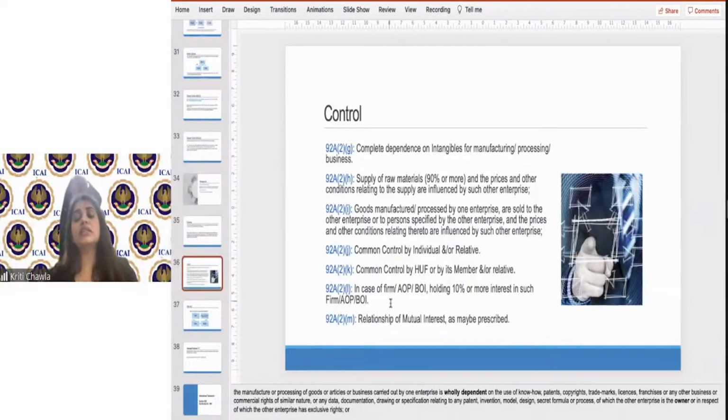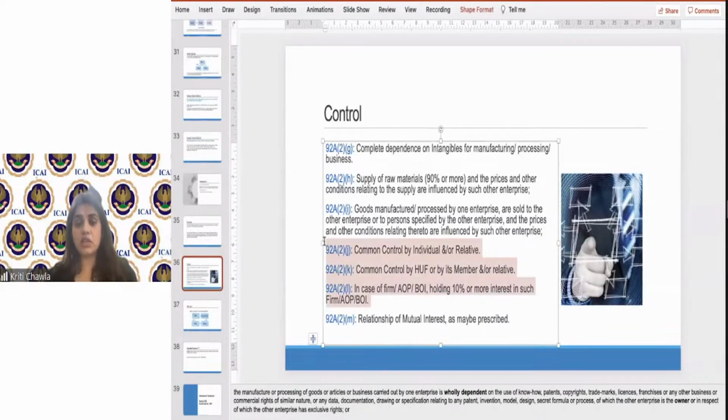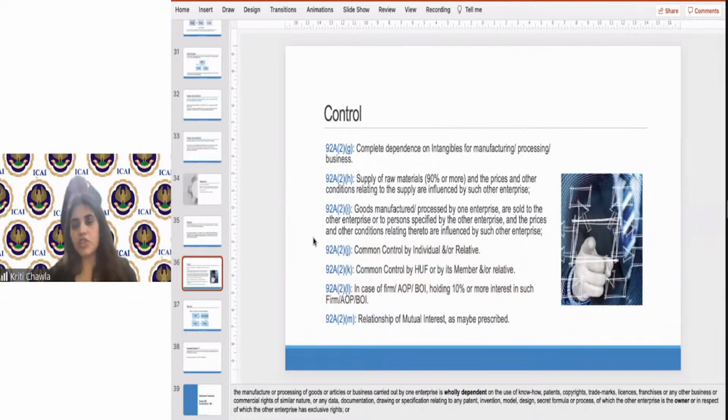What I'm going to do is, for these sections, give you one example to explain how the relationship is determined by virtue of these three sections. The definition of relative is explained in the Income Tax Act itself. You can go to the definition of relative, but generally brother, sister, spouse, etc., are covered within it.